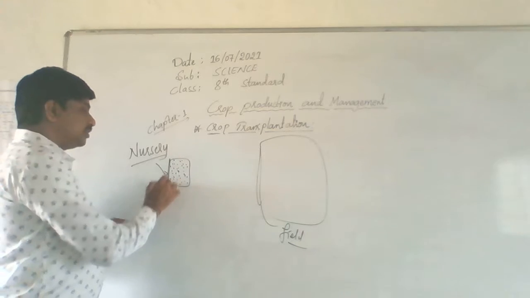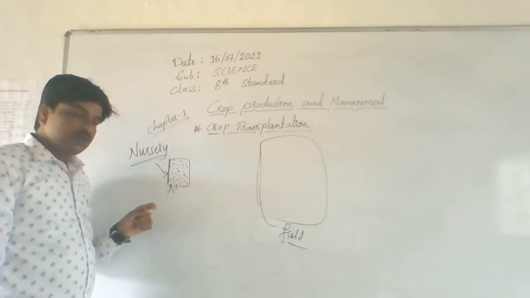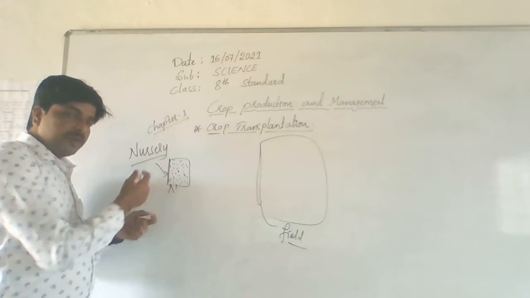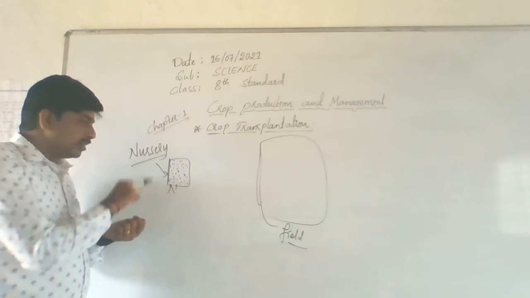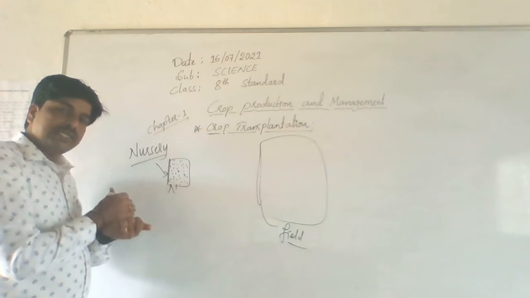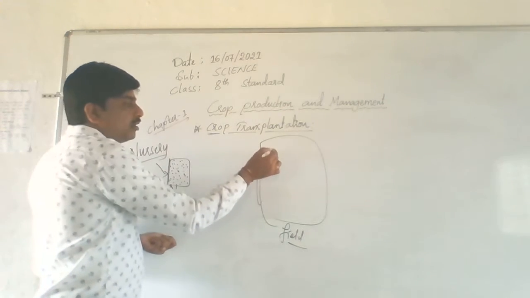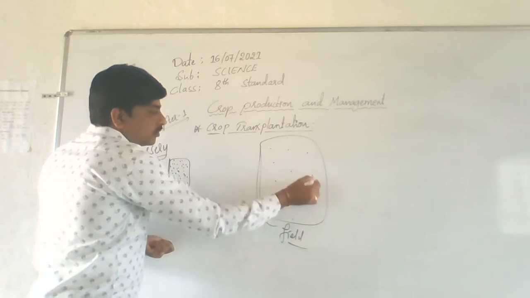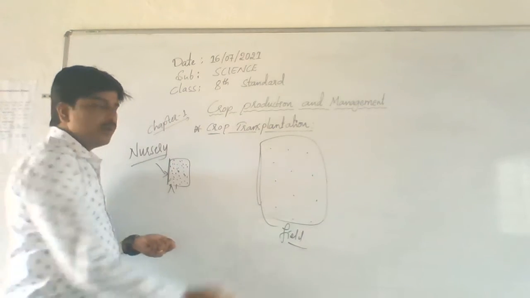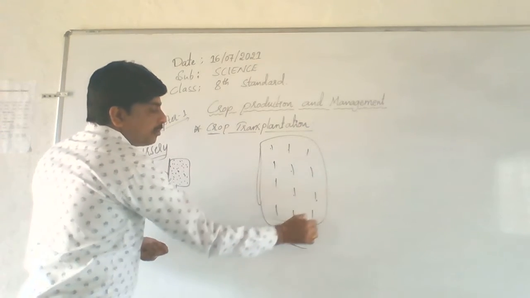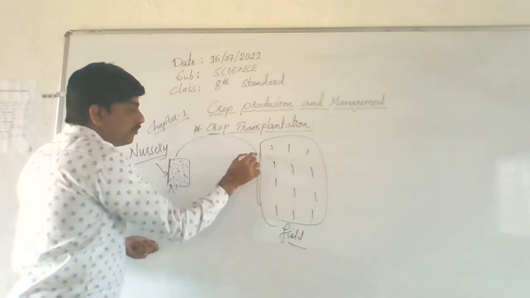So in a nursery, seedlings happen. That means seeds germinate. After germinating, the baby plant will develop and they nurture the plant in that nursery. After growing to a small size, these plants are then transferred to your field like this. You can transfer that baby plant directly into the field.